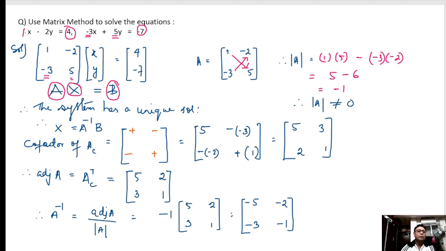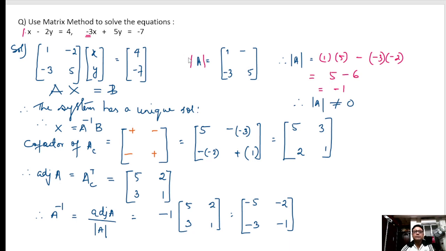Okay, so now what you have to do? You have to now find out the modulus of A. So how to find the modulus of A? 1 into 5 minus this into this. This diagonal, this diagonal. So please watch here. I'm showing you again.